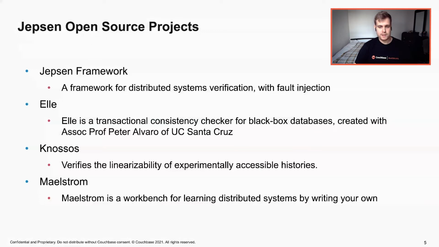Knossos, a library that takes a history of read and write operations and tries to verify whether or not they meet a consistency model, for example, linearizability, and comes packaged with the Jepsen framework too. Finally, there's Maelstrom, a workbench for helping to learn about distributed systems.